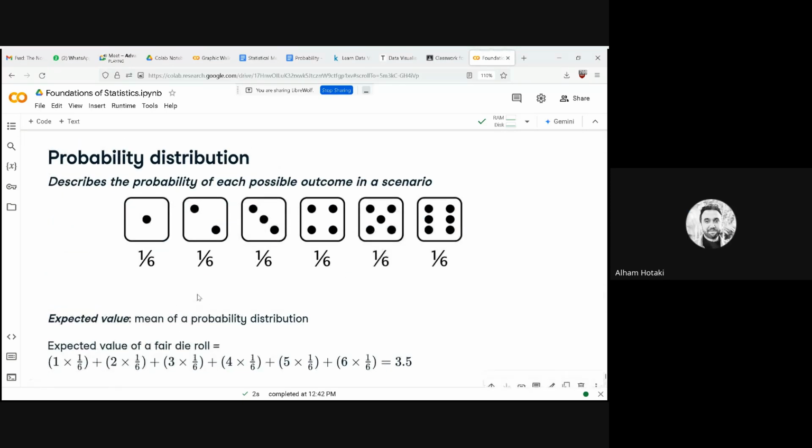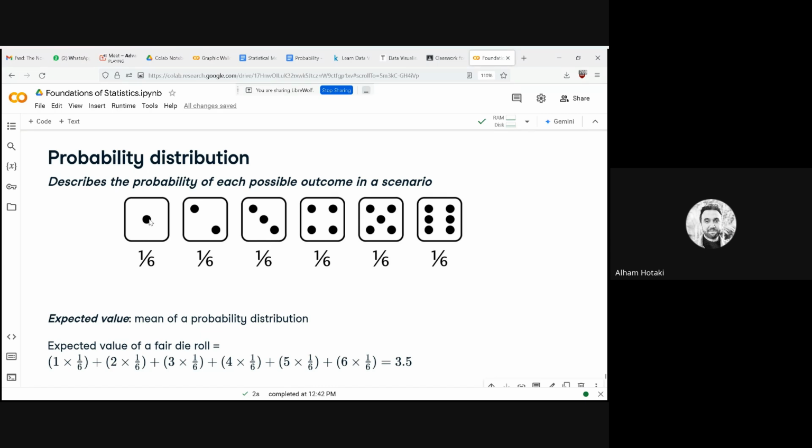So this is a probability distribution for a discrete variable. It's a very simple one. If you have a die and you're rolling it, look at each possible outcome in each scenario. How many possible outcomes are there? 6, yeah.